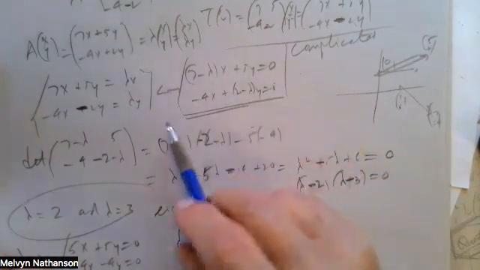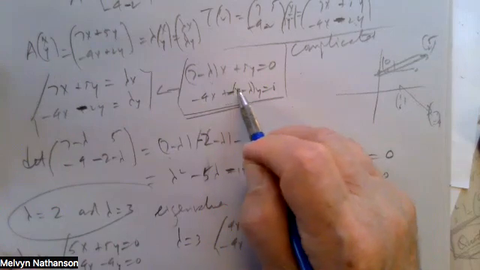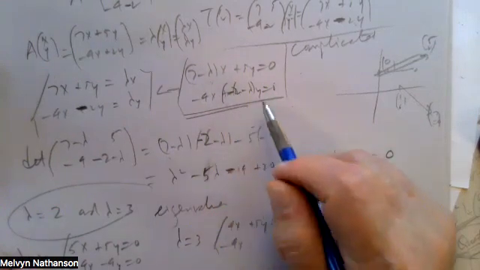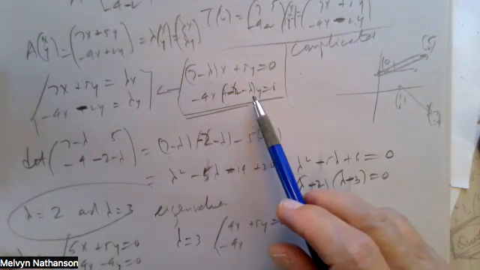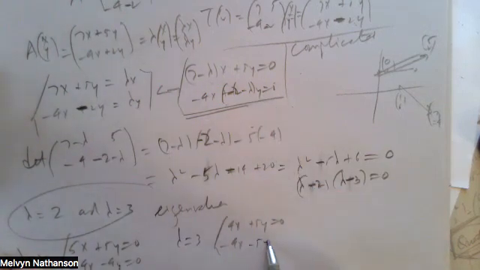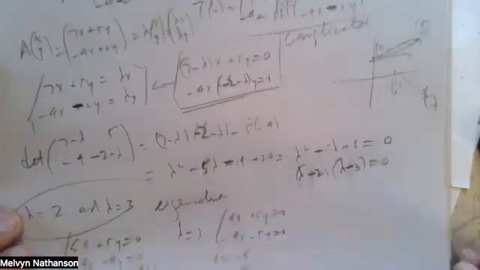Again, this is minus 4x minus 2 minus lambda, so when lambda is 3, this is minus 5. So a solution of this is, for example, x equal to minus 5, y equals 4: minus 20 plus 20 equals 0.